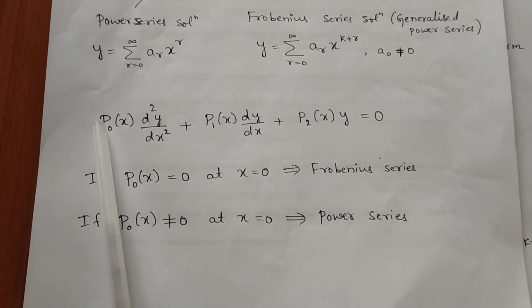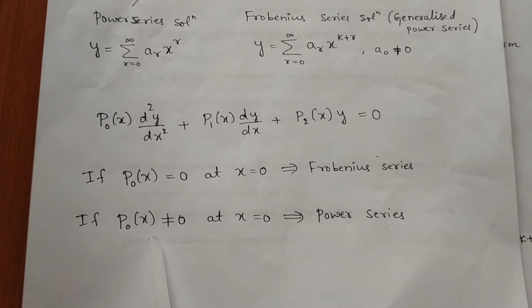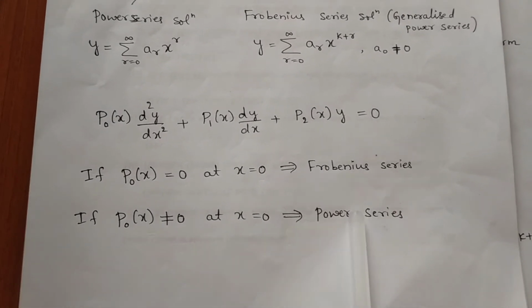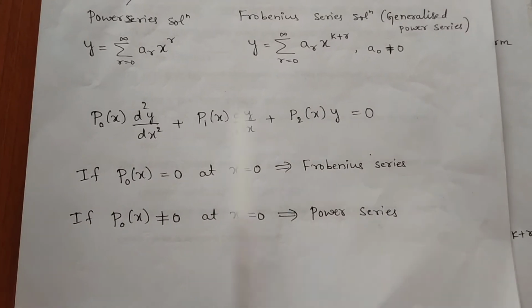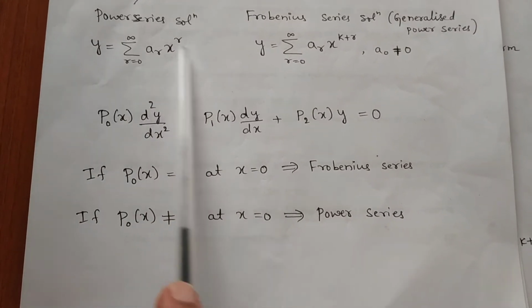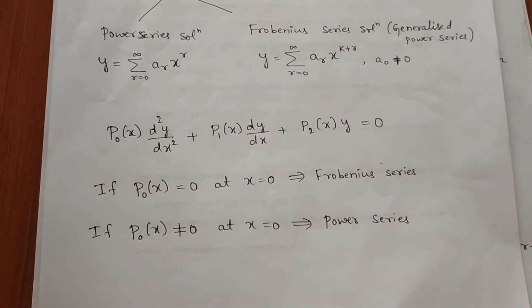Similarly, if you put x equal to 0 and get p0 of x not equal to 0, then we assume a power series as a solution for this type of differential equation.